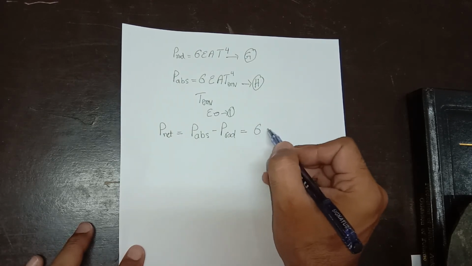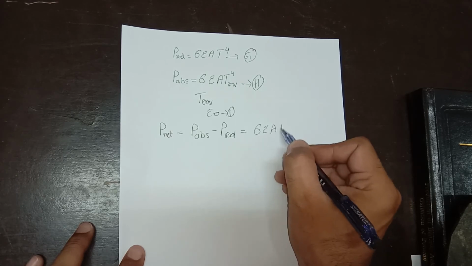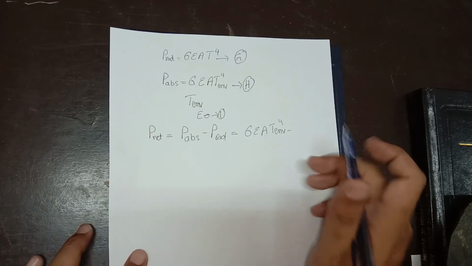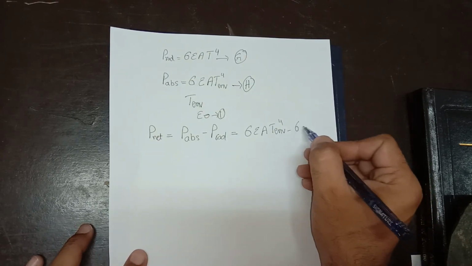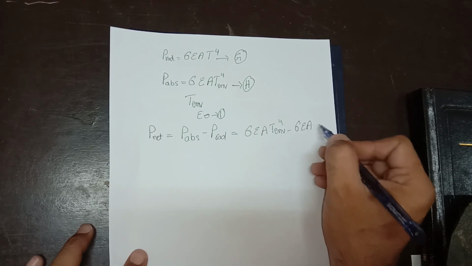sigma, emissivity, minus Stefan-Boltzmann constant times emissivity times area times temperature.